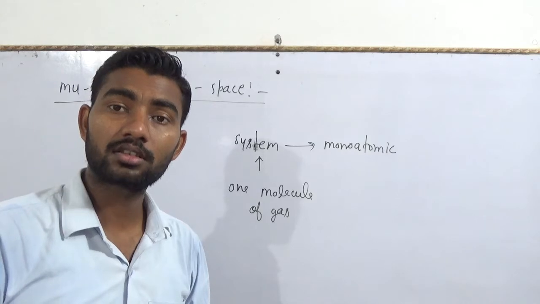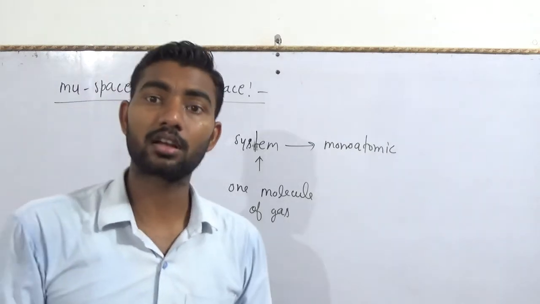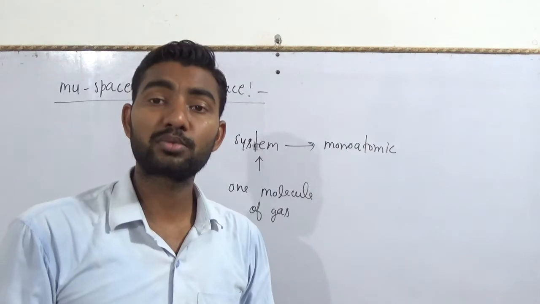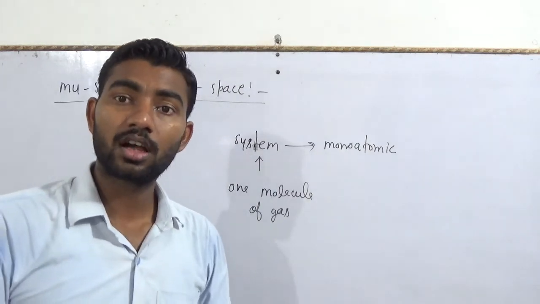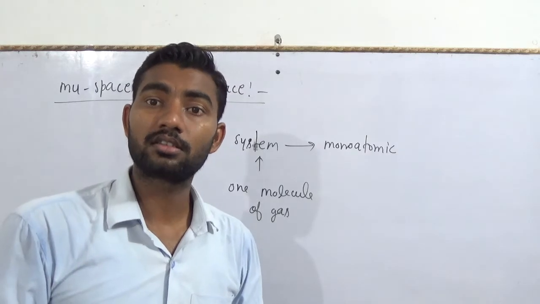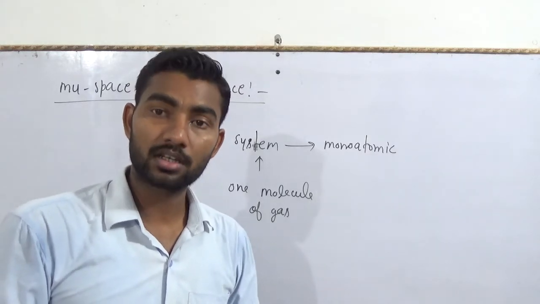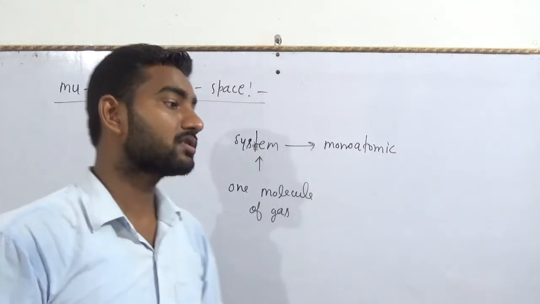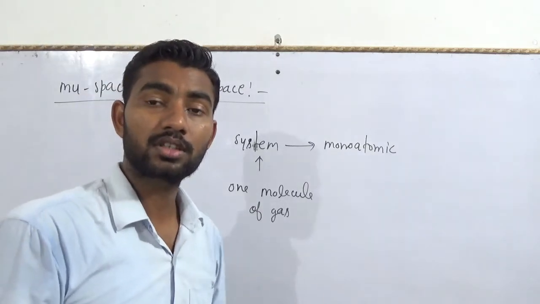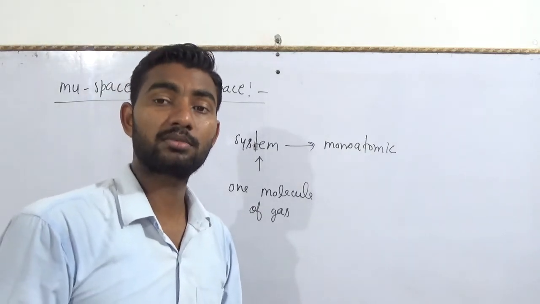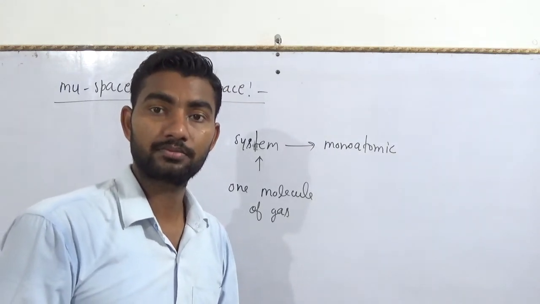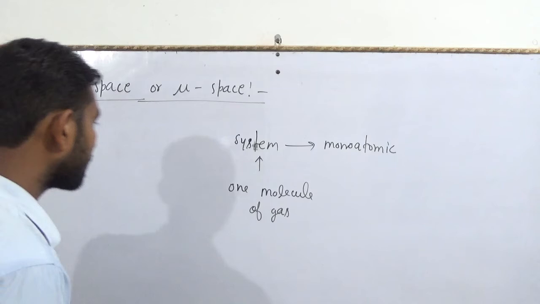Since we know that the molecules of gases are always in motion, they will possess some velocity, and if they possess velocity, then they will possess momentum also. So friends, to specify the state of this system completely, we will require position as well as momentum.